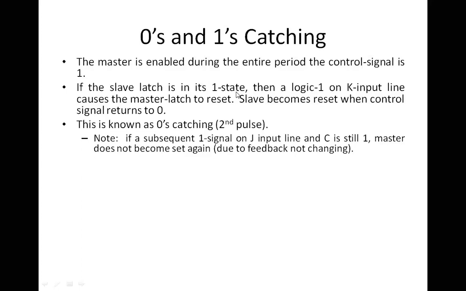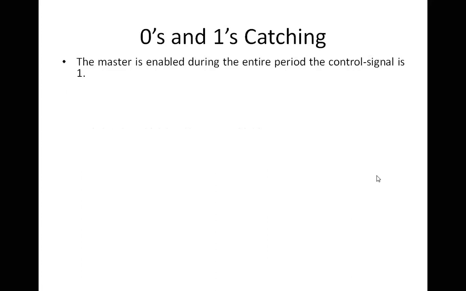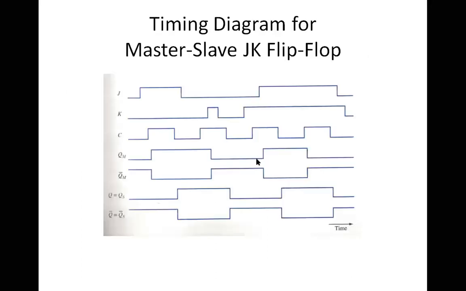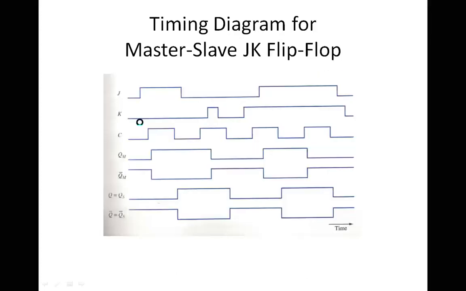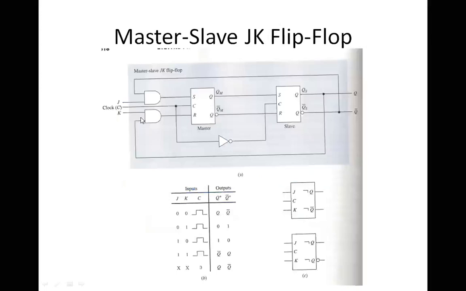So if I'm giving a logic 1 on the K input line here, both cannot be 1 at the same time. If this is 1, this is going to be 0, right?